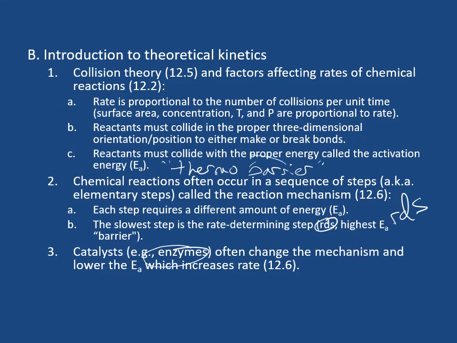They lower this thermodynamic barrier. That's how they speed things up. They're amazing. If you didn't have enzymes in your body, your metabolism wouldn't function. What enzymes really do is hold large biological molecules in the proper orientation so that they can react. Without them, the reactions would be so slow, life wouldn't occur. So enzymes are there.